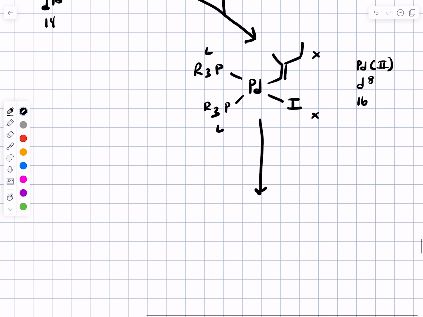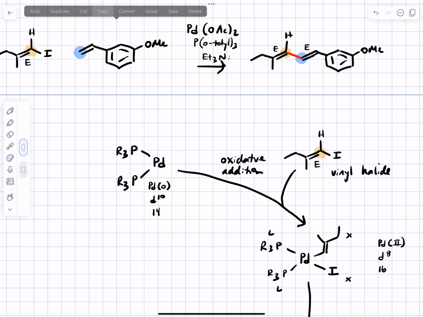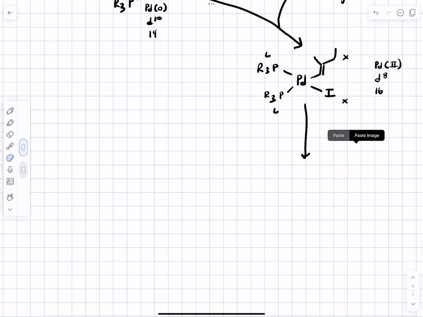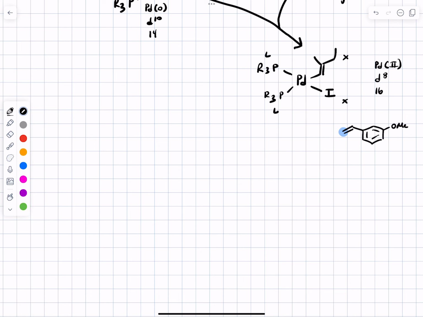is a ligand binding step. And so what will happen is that the pi electrons from the olefin, sorry, I'm not liking how I drew the arrows there. My apologies.